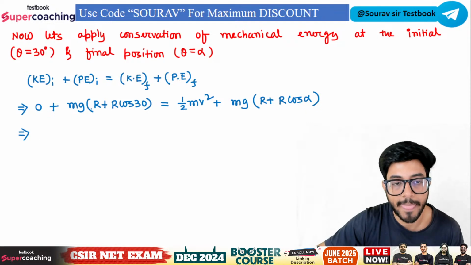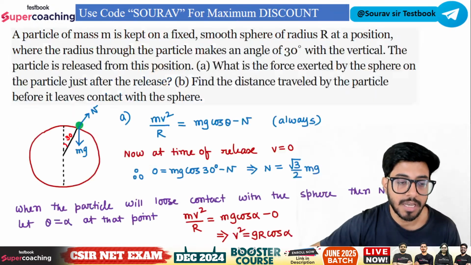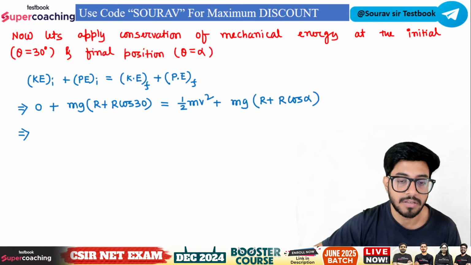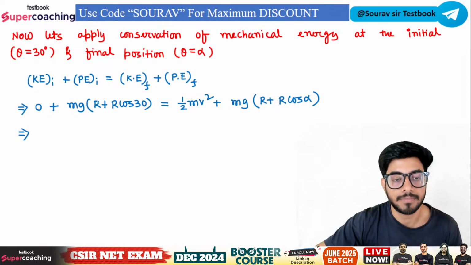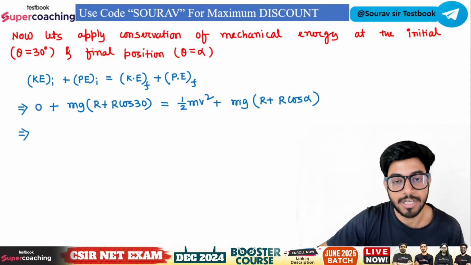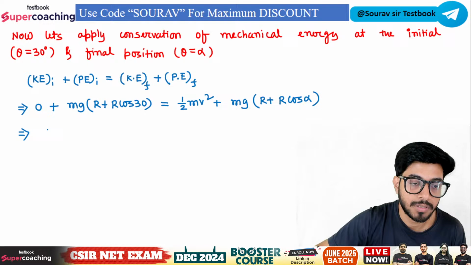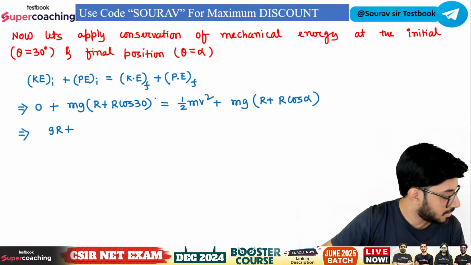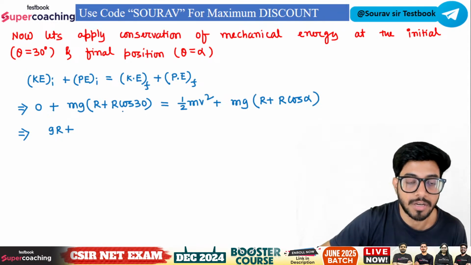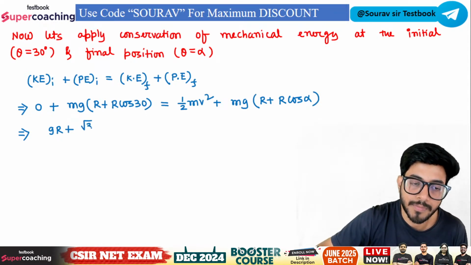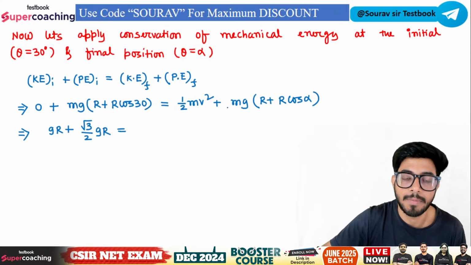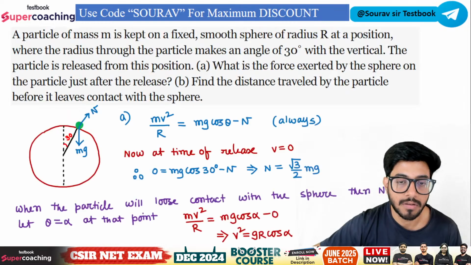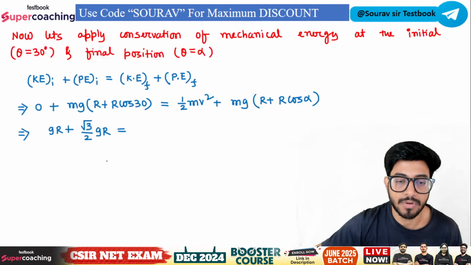Now you see, m cancels from all the places. You see v square is gr cos alpha. So gr plus gr cos 30, and cos 30 means root 3 by 2. m cancels. v square by 2 means gr by 2 cos alpha.